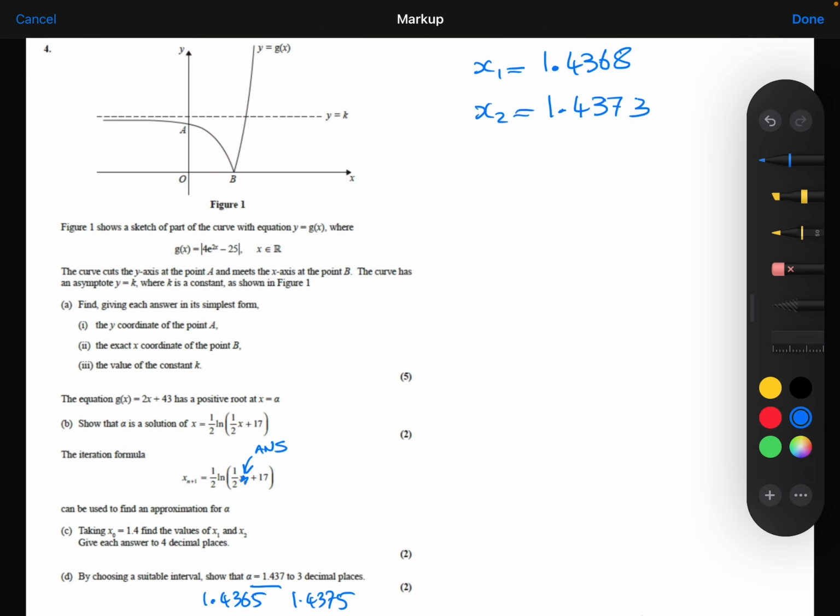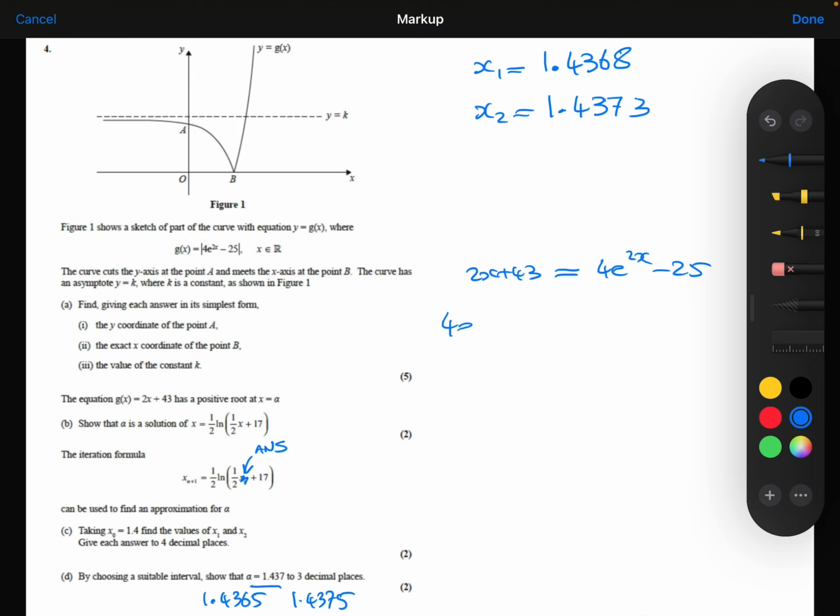Remember that alpha came from me taking the 2x plus 43 and making it equal to the modulus equation. So alpha was the root of this equation. I'm looking for a sign change, so I want this to equal 0. So let's put everything to one side of the equation here.